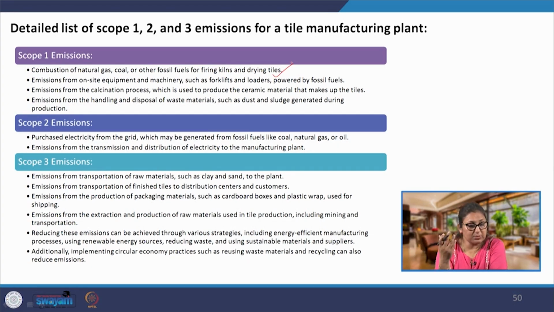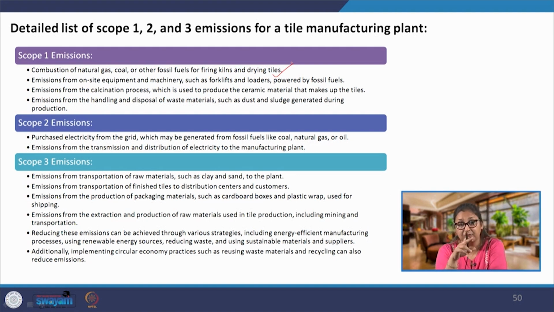Then there is also emissions from handling and disposal of waste materials such as dust and sludge which is generated during the production of tile is also counted as direct emission. So, dust is also part of the emission that they are counting. However, if we look at the classification of GHG emissions, then dust will directly not be counted as a GHG emission.